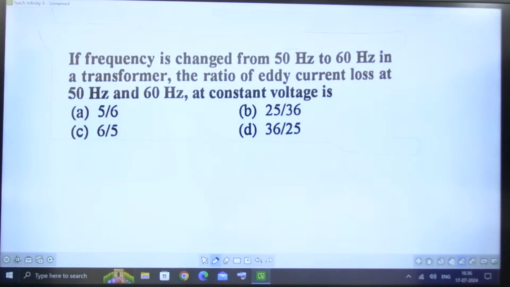Frequency is changed, voltage is maintained as constant, then he is asking about eddy current loss. Answer, please. Yes, I'm waiting.